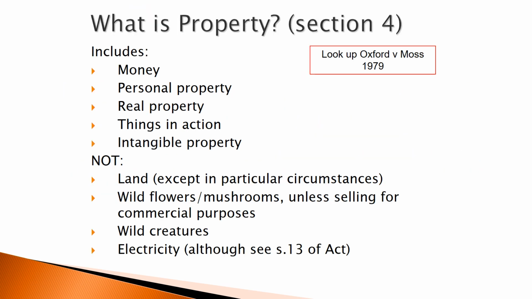Okay, so appropriation of property, we have to make sure that what's being stolen is actually property. So property under section 4 includes money, personal property, so things that belong to the victim, personal items. Real property is a legal term for land and buildings, although see below, land generally won't be included unless say you're a trustee of property, so somebody's died and you're dealing with their property in accordance with what they've set out they want to happen with it in their will.